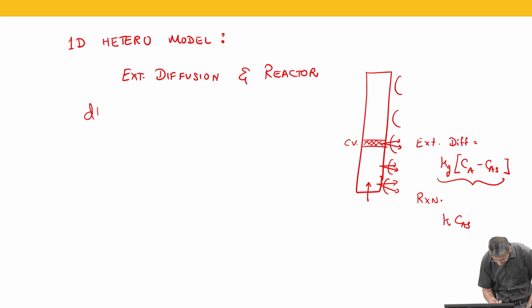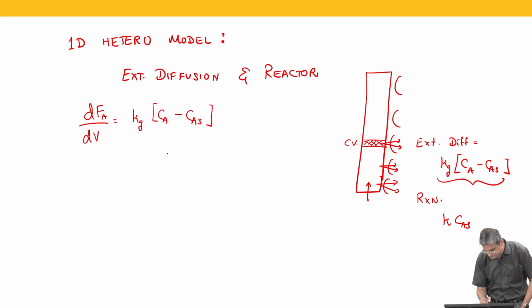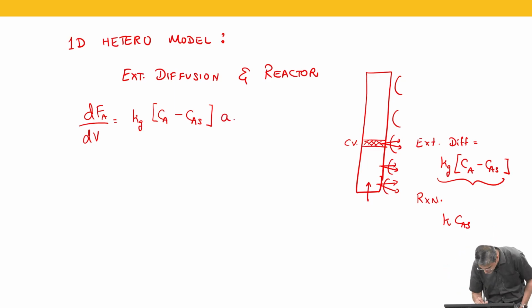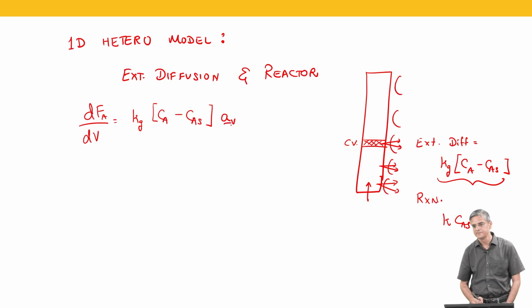So, you will have Kg (CA minus CAS), which is in terms of per meter square of catalyst surface area, multiplied by the catalyst surface area divided by volume, which we will represent as A by V.